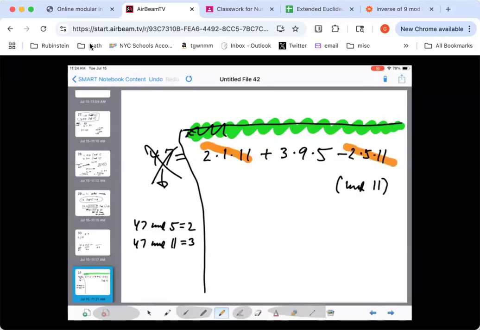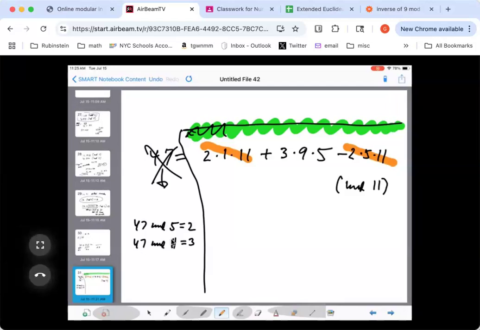Does anyone know why I am allowed to ignore those two orange things I just crossed out? Let's see, a volunteer, or someone just unmute. Yeah, Mohammed. Why am I ignoring those orange highlighted things?